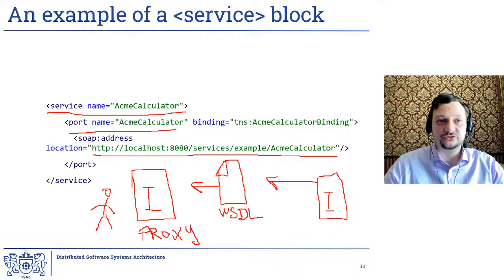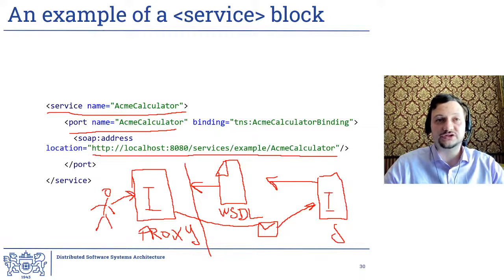The client can invoke the proxy component, but instead of executing the procedure on the machine of the client, the proxy automatically creates the request and sends it to the remote service.